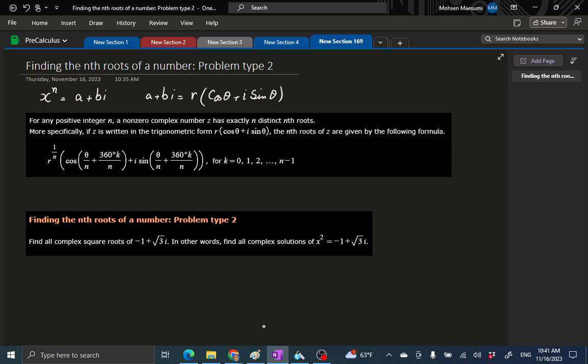And the solution by application of De Moivre's formula is x equal to these n numbers.